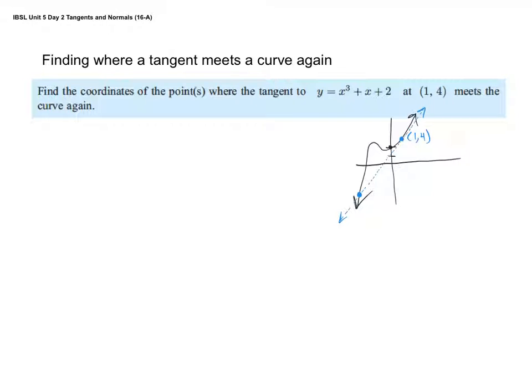In this case, over there. See that? So what we want to figure out is, what is that point? Okay? Where are we when we get back on the curve?